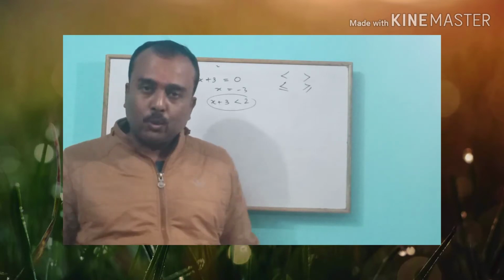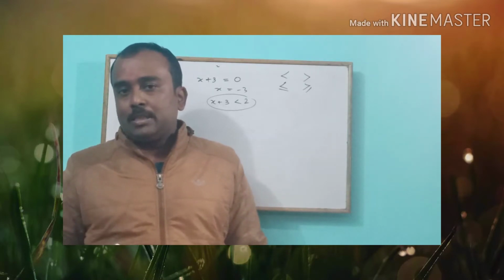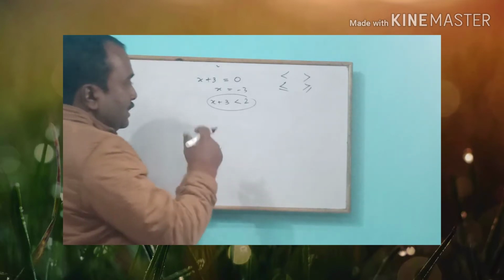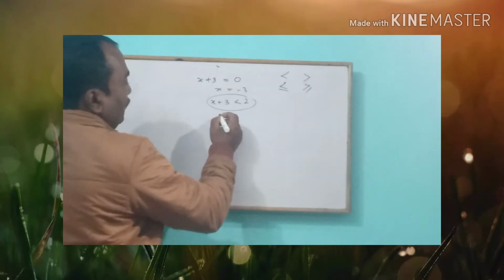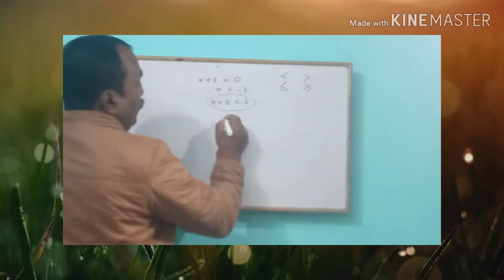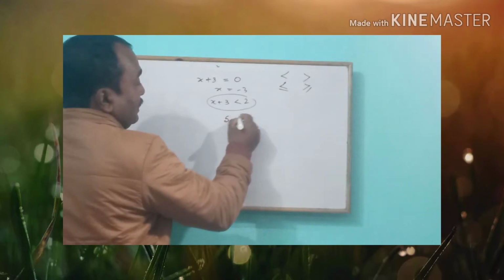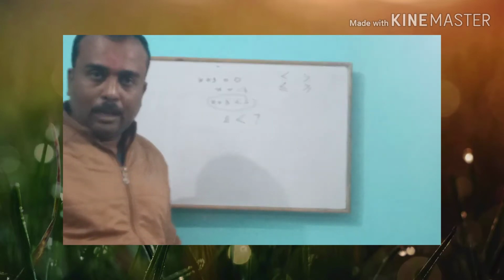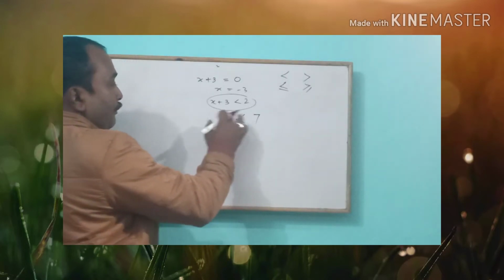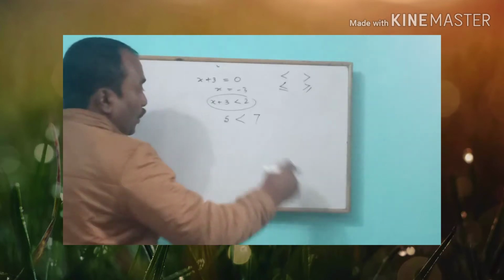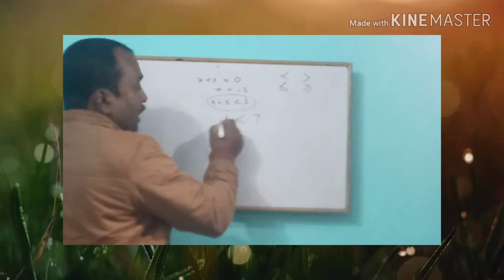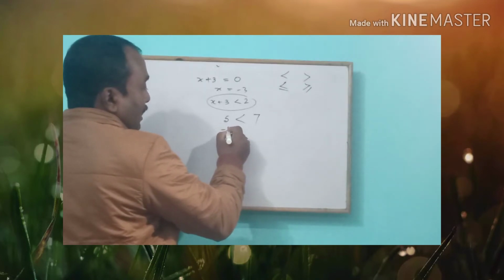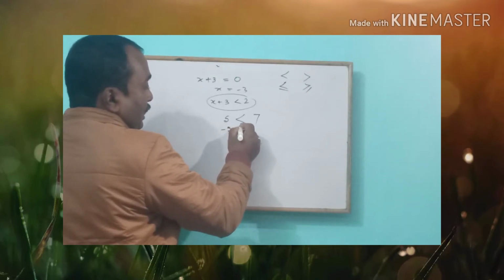Now we should know certain rules of inequations before I proceed with the solution of the problems. First of all, let us take an example. Suppose we know that 5 is less than 7. I hope there is no doubt in that. Now, if I change the sign on both sides, it becomes minus 5 and minus 7.